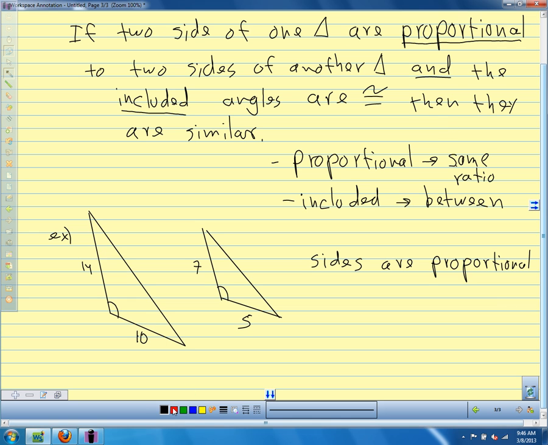So if this angle, I'll do it in red, if this angle were 110 degrees, then our angles are congruent. And so the answer would be yes by side angle side.